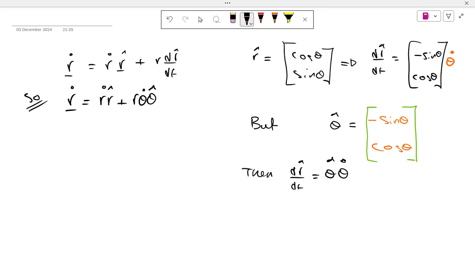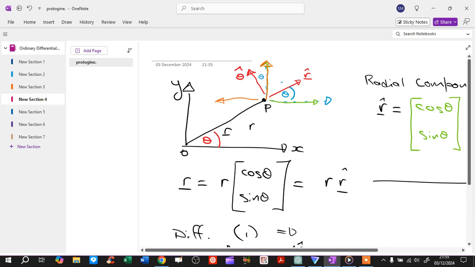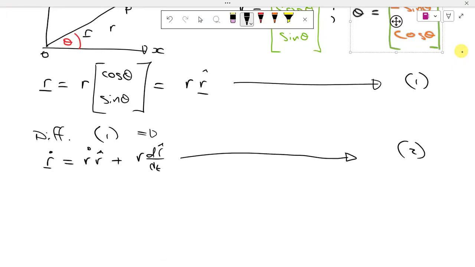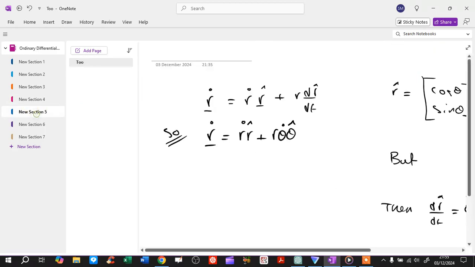Right, okay. So we've got two equations there, and we want to go back to section 5.